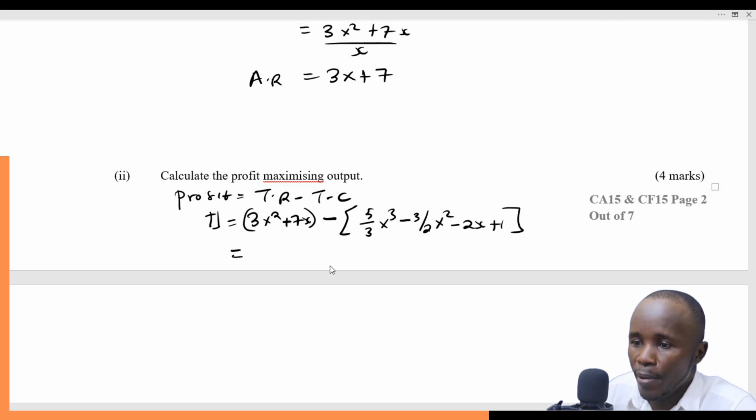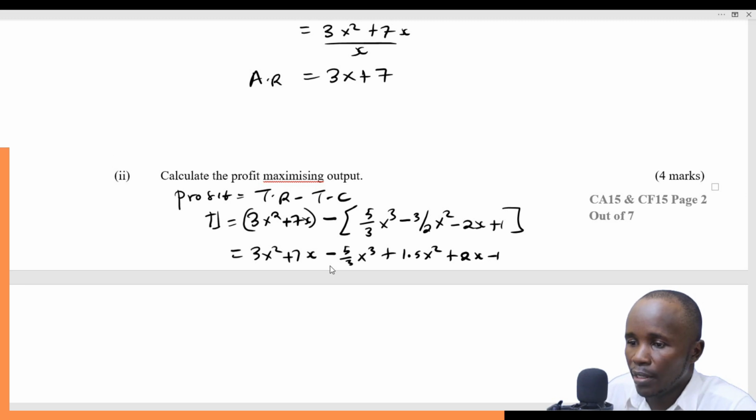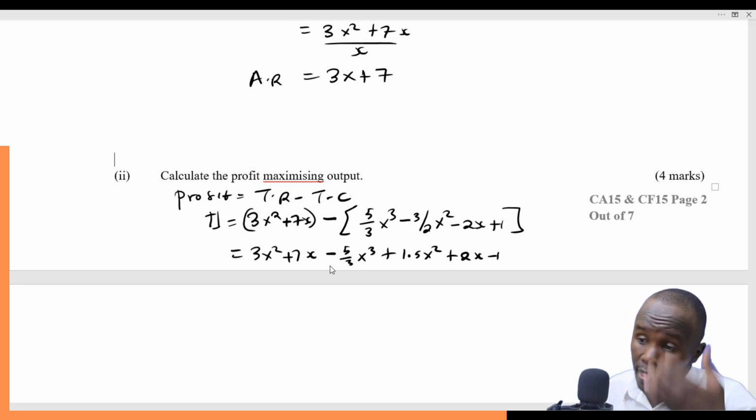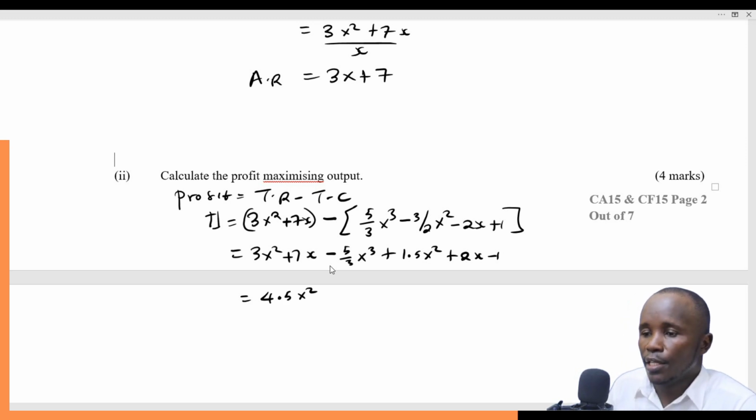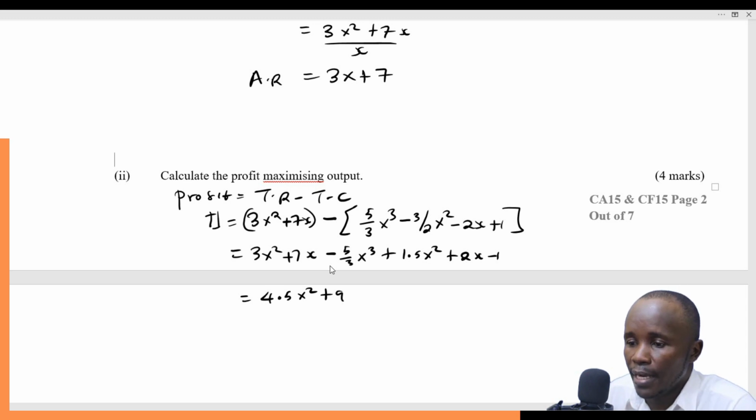Open the bracket: 3x squared plus 7x minus 5 over 3 x cubed plus 1.5x squared plus 2x minus 1. Add the like terms. 3x squared plus 1.5x squared will give me 4.5x squared. 2x plus 7x will give me plus 9x.